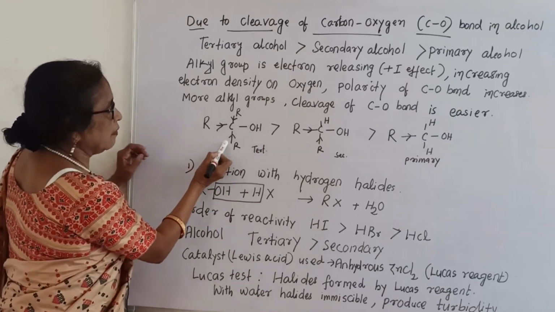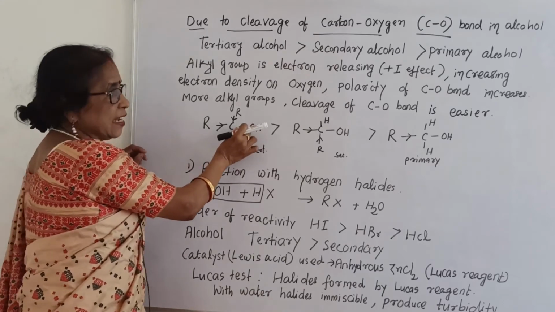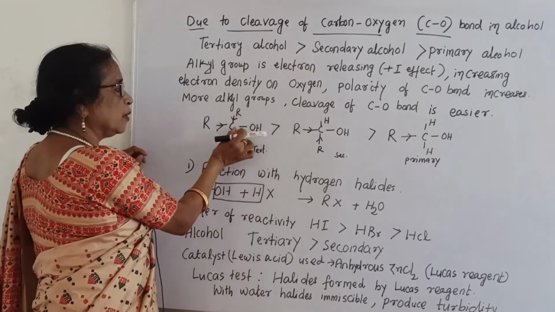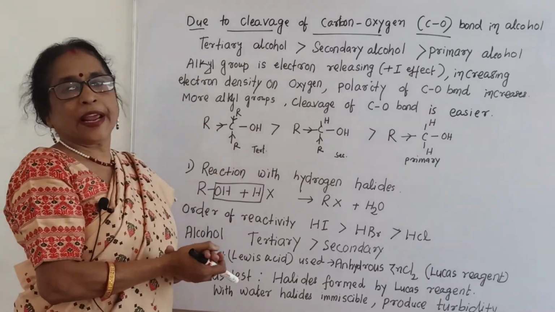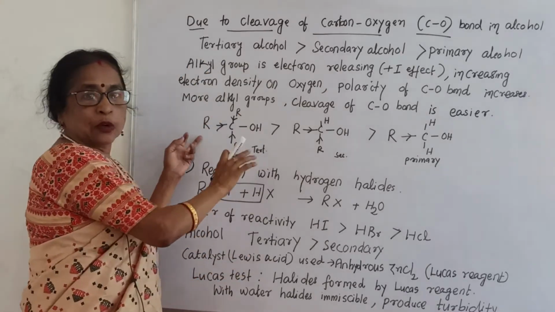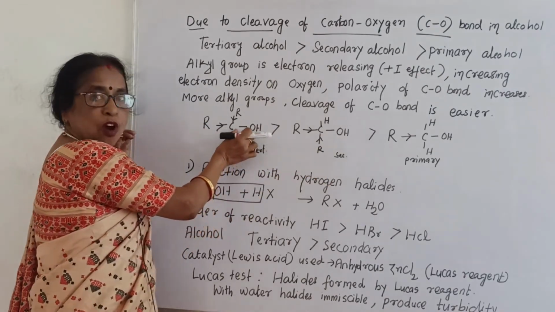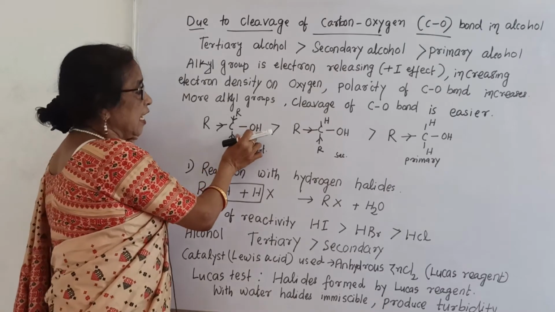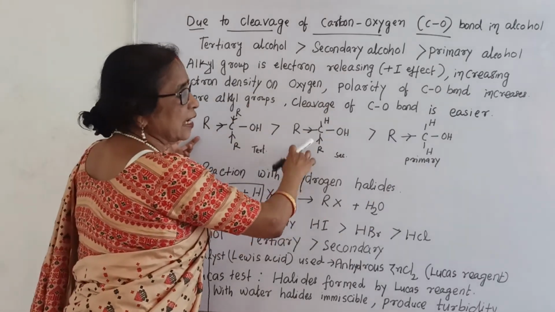Then the polarity of this bond increases and automatically it will break. If there are more alkyl groups, there is more electron release towards carbon, and this carbon-oxygen bond will break easily. That is why tertiary is more active than secondary, then primary.